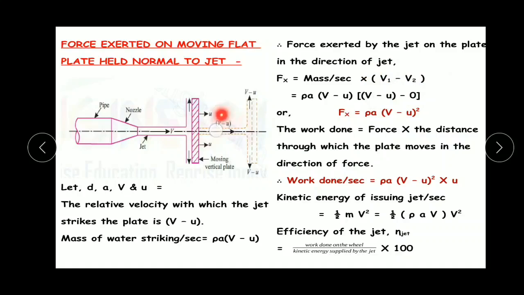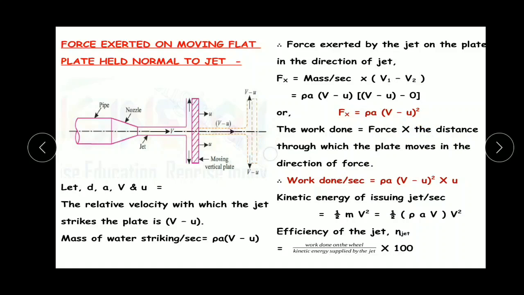The initial velocity is V minus u, and the final velocity after striking is 0, because the water flows sideways and upward, with no velocity in this direction. Putting in the values, we get Fx equals rho A (V minus u) into (V minus u), which is Fx equals rho A (V minus u) squared.